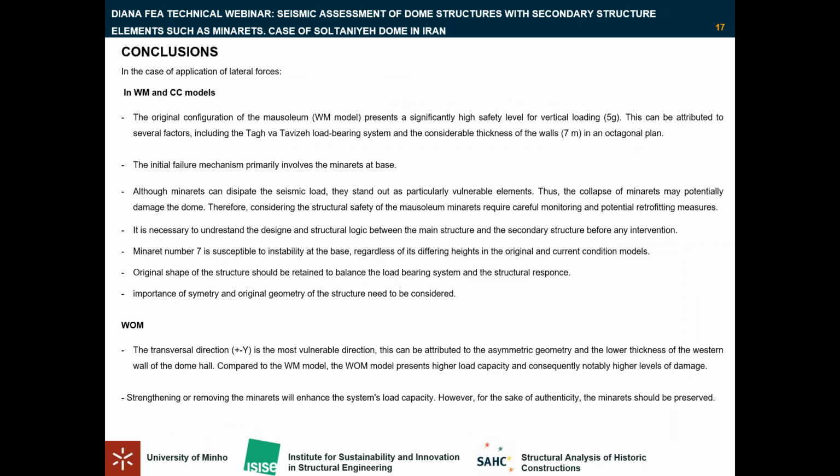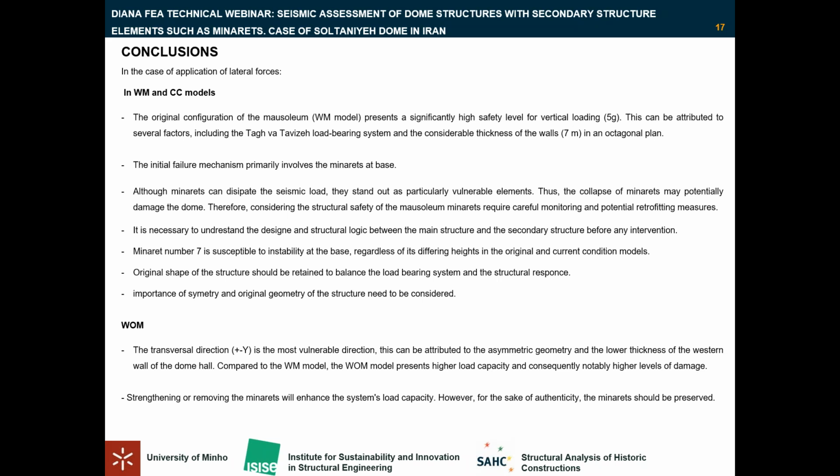And for conclusion, I would say that in case of application of lateral forces in with minaret and current condition models, which both include the minarets, the original configuration of the mausoleum presents a significantly high safety level for vertical loading, which means 5 times the self-weight, as we saw.